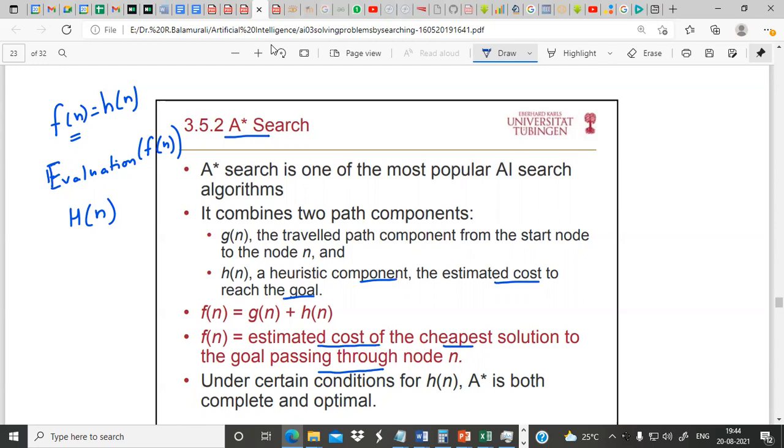So f of n is the estimated cheapest cost path from the initial state to the goal state. If you ask whether A-star is optimal and complete, A-star is optimal and complete under certain conditions. First, let us discuss the algorithm. Then we'll discuss its conditions on completeness and optimality.